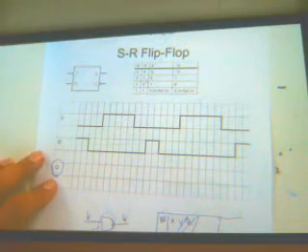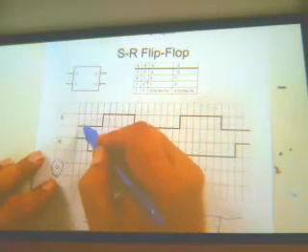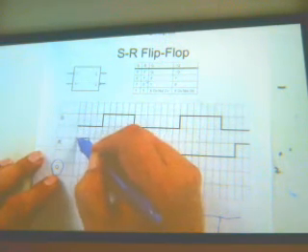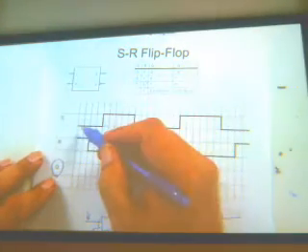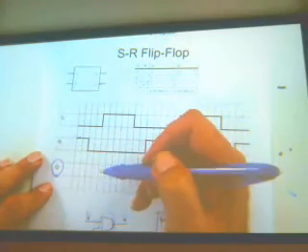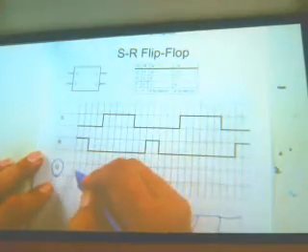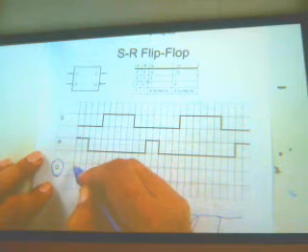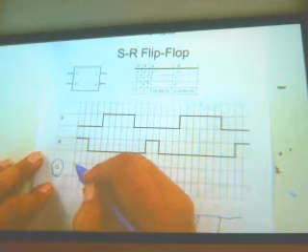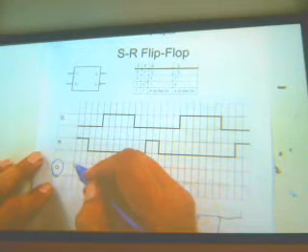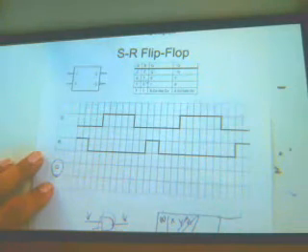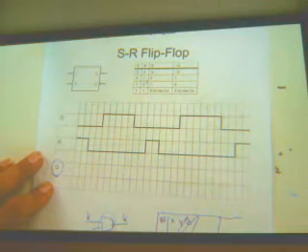Okay, so we start off here. Here we have S is low, and R, reset, is high. So what should Q be? Remember your truth table? If reset is a 1, Q should be 0, correct? You have it right.